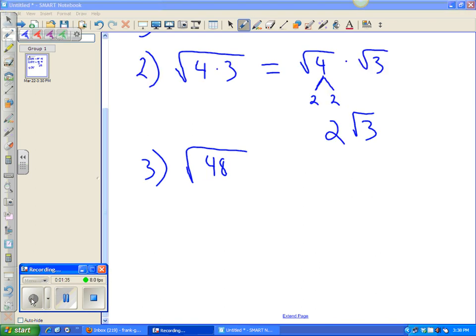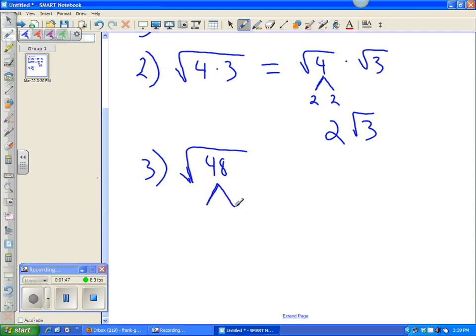So let's say that we have the square root of 48. We want to reduce or simplify the radicand into its roots. So I like to play with this. I think 16 times 3 is equal to 48.